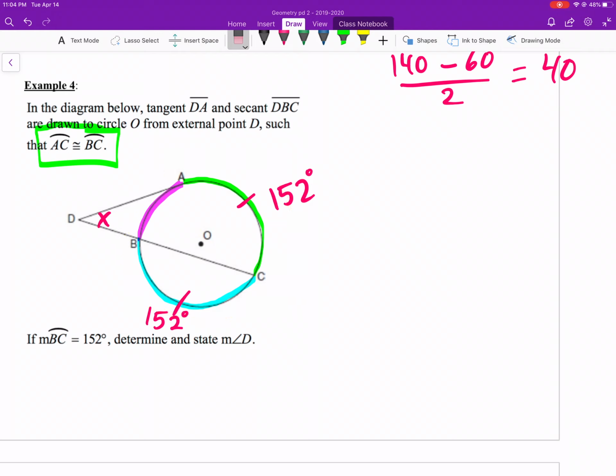So we have 360 in total. You could add 152 and 152, and you get 304. What's left over to make that 360? So 360 minus 304, and you get 56 degrees.